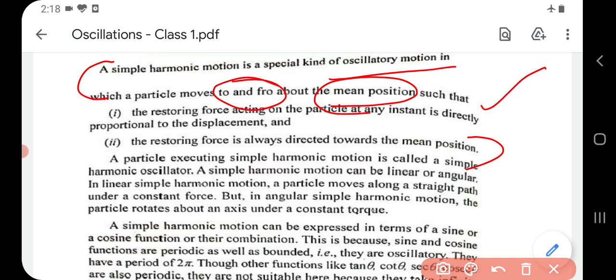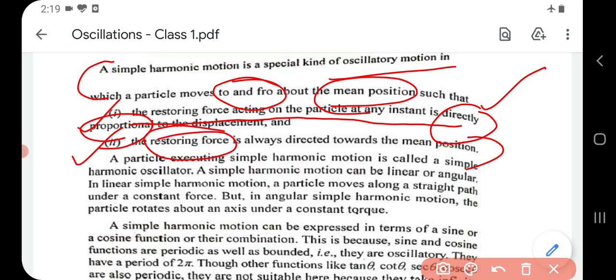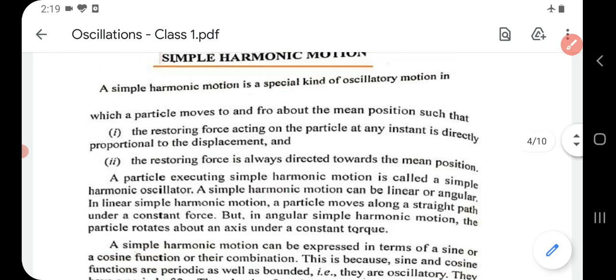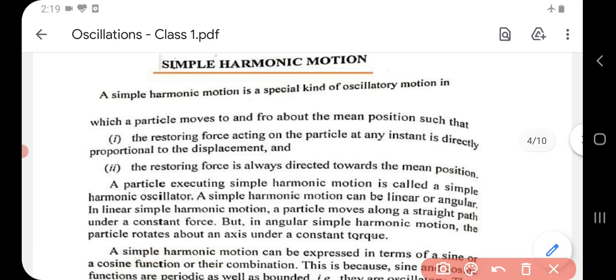In such a way that, and these two points are very important, the restoring force acting on the particle at any instant is directly proportional to displacement, and this restoring force is always directed towards the mean position. So when you are asked to define simple harmonic motion, you have to specify up to this one.